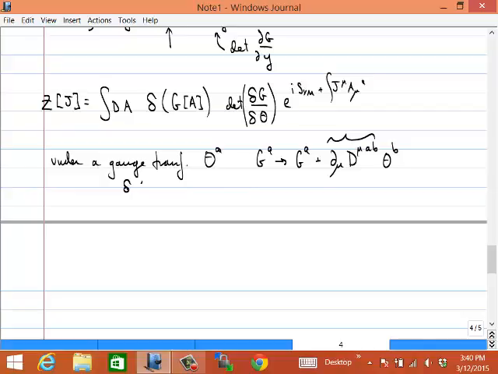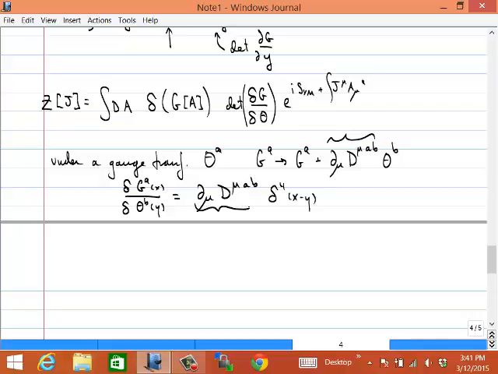So the variation of g^a at a point x with respect to theta^b at a point y is this covariant derivative operator acting on this delta function. So delta g by delta theta is an operator, and it's this covariant derivative operator.